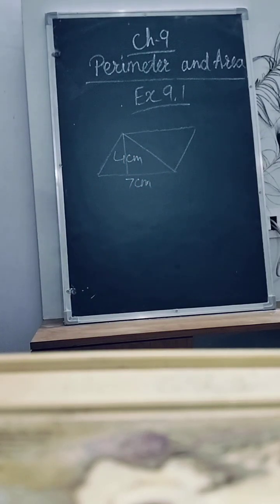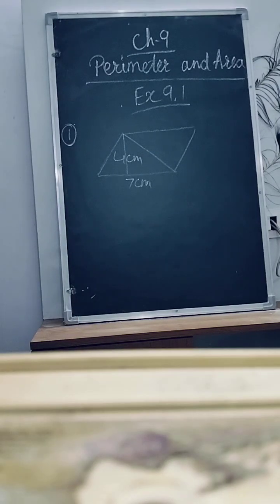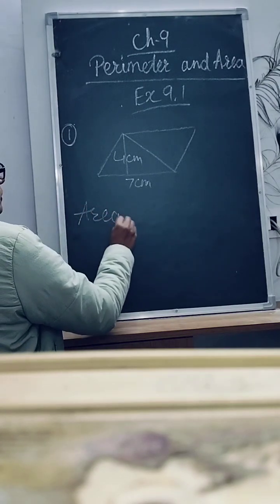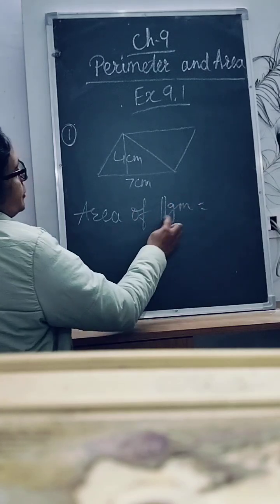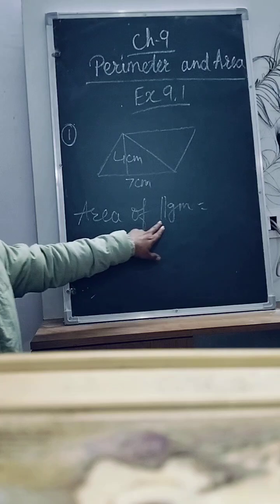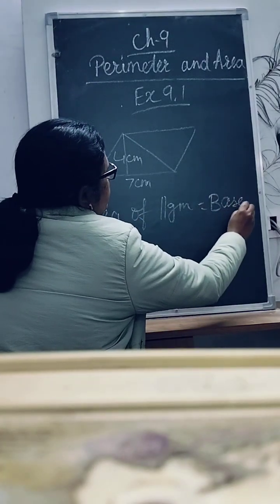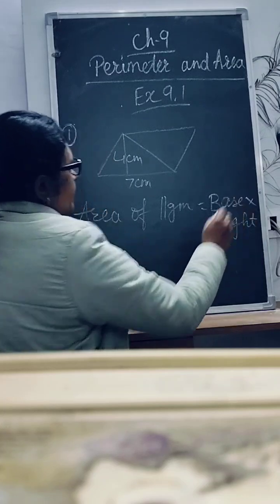Just remember that in the first question, it is given to find the area of each figure. So area of parallelogram, this is the short form of parallelogram, parallel lines and gram, is base into height.